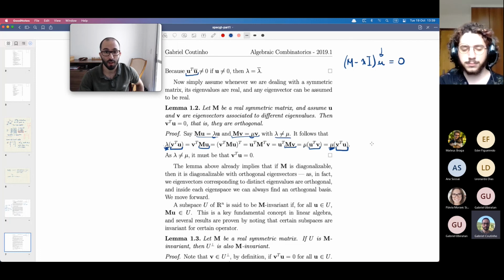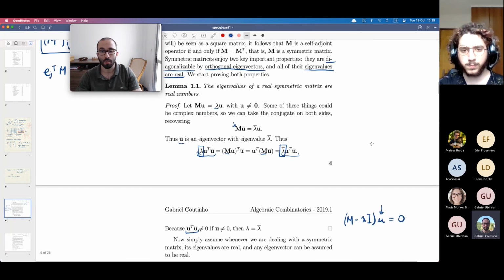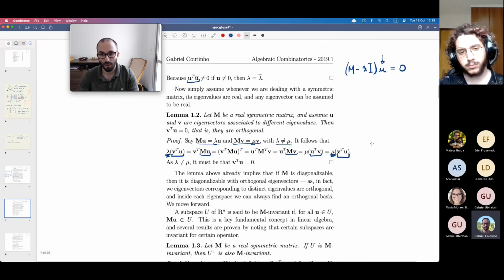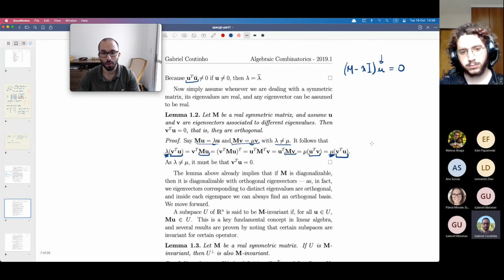So there are very easy two results about symmetric matrices. It's very easy to show that the eigenvalues, if any, are real, and eigenvectors corresponding to different eigenvalues are orthogonal.